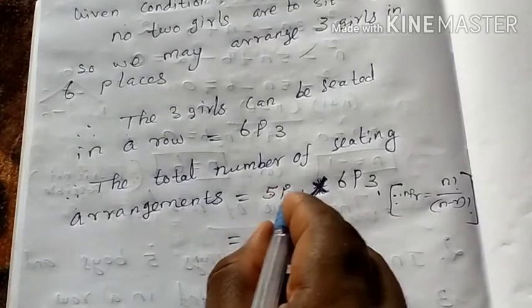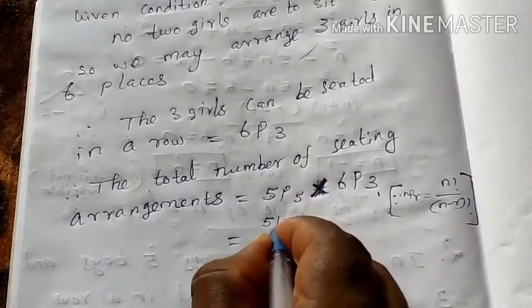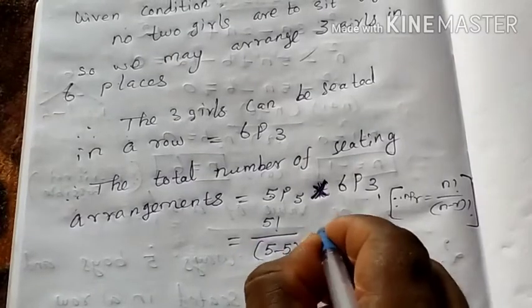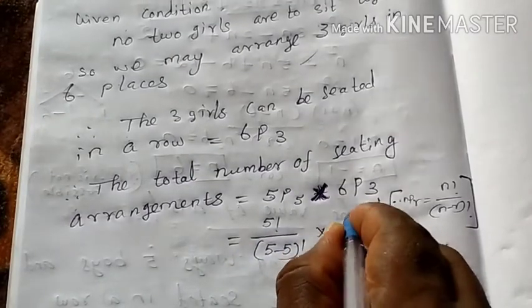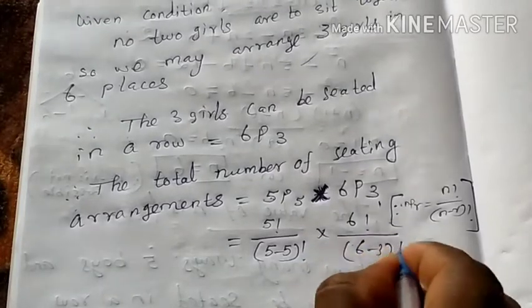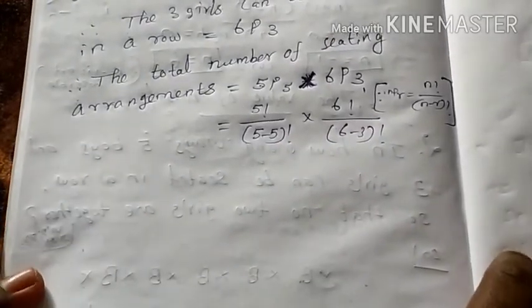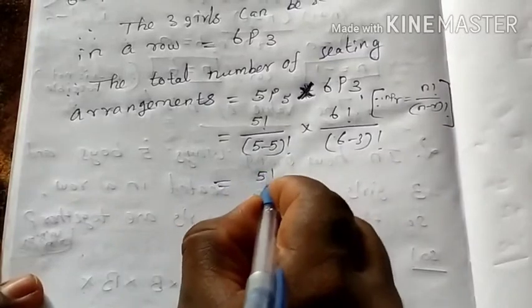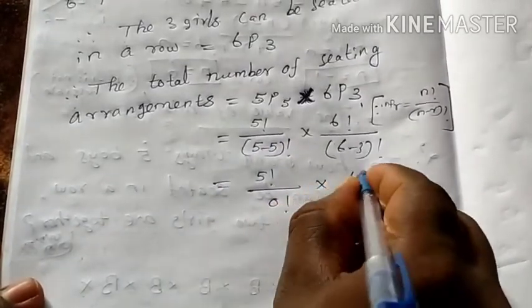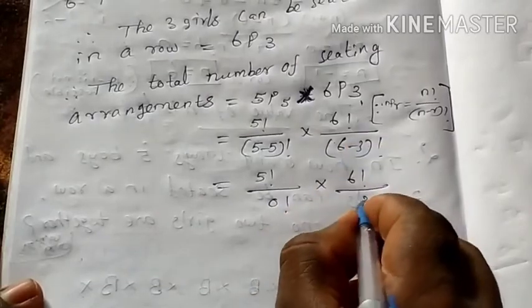So apply the formula. n is equal to 5, r is equal to 5. So 5 factorial divided by 5 minus 5 factorial, into 6 factorial divided by 6 minus 3 factorial. Which is equal to 5 factorial divided by 0 factorial into 6 factorial divided by 3 factorial, since 5 minus 5 is 0 and 6 minus 3 is 3.